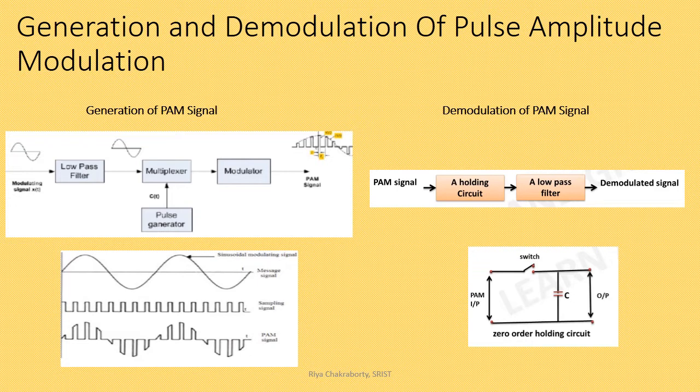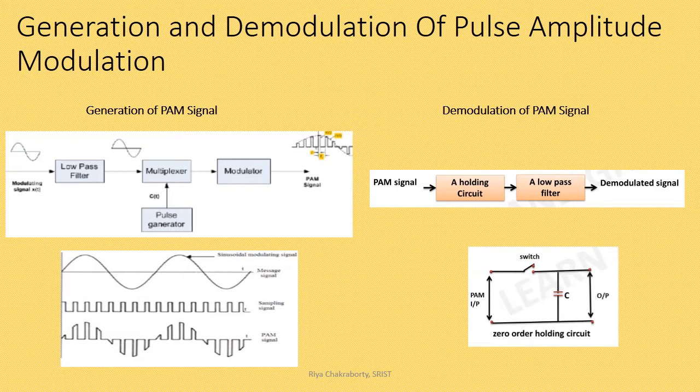In pulse amplitude modulation, the amplitude of the pulses of the carrier pulse train is varied in accordance with the modulating signal, whereas in pulse time modulation, the timing of the pulses of the carrier pulse train is varied. There are two types of PTM: pulse width modulation and pulse position modulation.